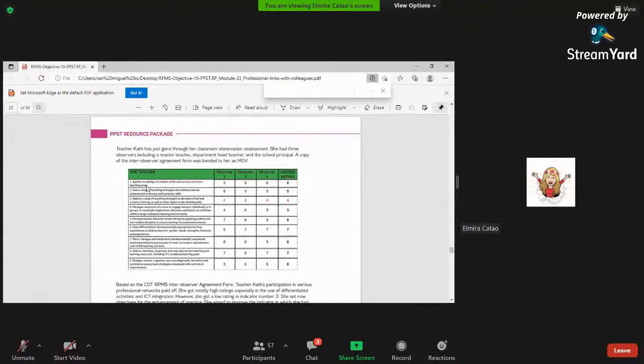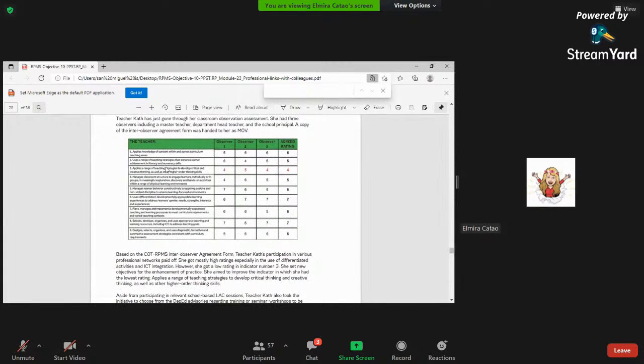She had 3 observers, including a master teacher, department head teacher, and the school principal. A copy of the inter-observer agreement form was handed to her as MOV. Now, in indicator 3, if you notice, naka-red siya, ibig sabihin, diyan ngayon papasok ang module 23.